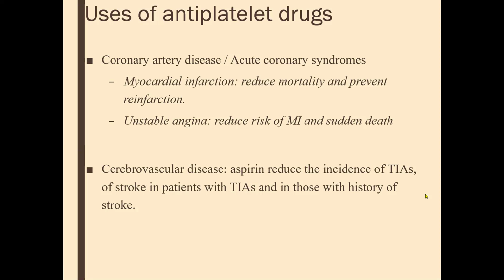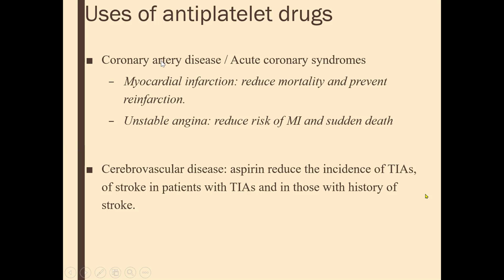So looking at the overall use of antiplatelet drugs, one thing I would like to repeat again: these drugs are used in arterial types of thrombi. It can be the cerebral artery, and mainly the coronary arteries. So very easy: coronary artery disease and then cerebrovascular disease. These are the main indications, right?